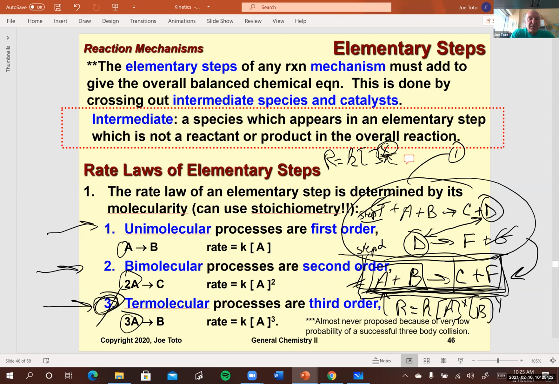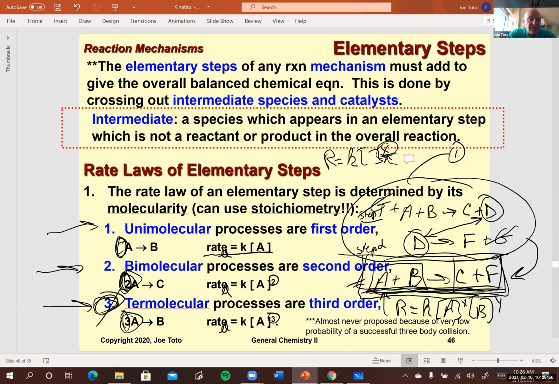With mechanisms, we can look at the stoichiometric coefficients in the elementary steps, and we can propose rate laws for the elementary steps that use those stoichiometric coefficients as power dependency, because these are elementary steps and they are believed to take place as written.